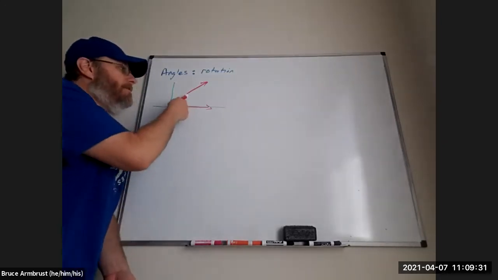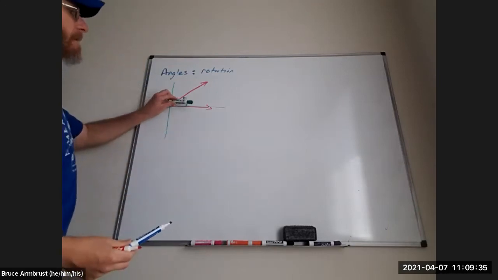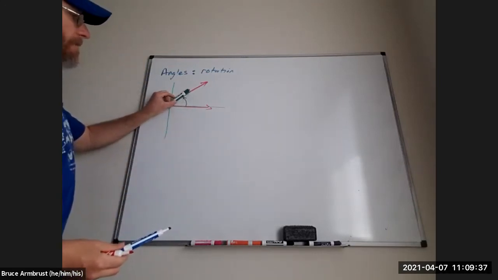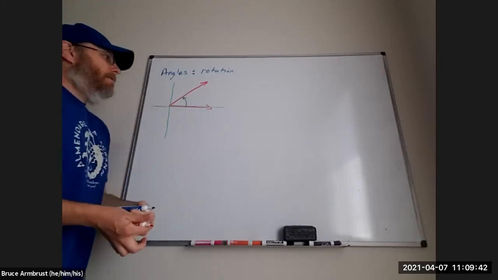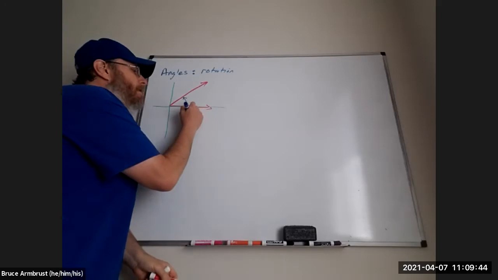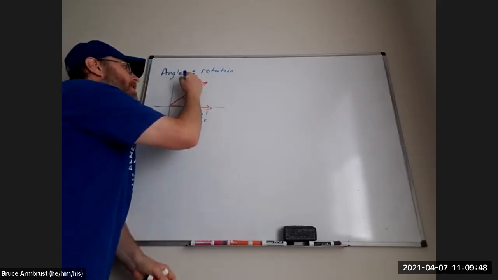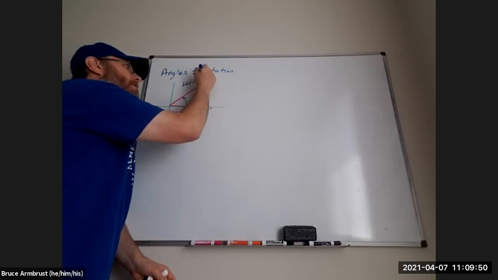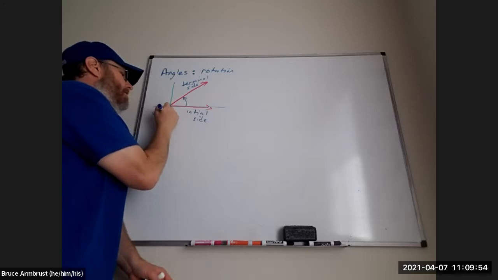So this is a positive angle, and it would be how much of a complete cycle do we rotate to get from the initial side to the terminal side, right? So again, the names of these, we have an initial side and we have a terminal side. And this point was the vertex.